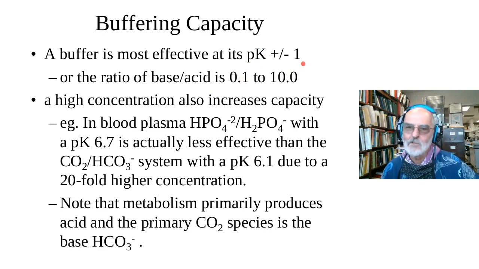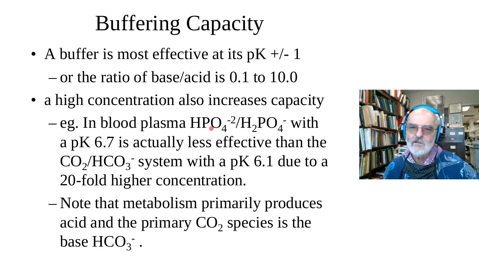That's the plus 1 minus 1 in the log of the base over the acid. And so the other factor that contributes to buffering capacity, besides being close to the pH, is a high concentration also increases the buffering capacity.